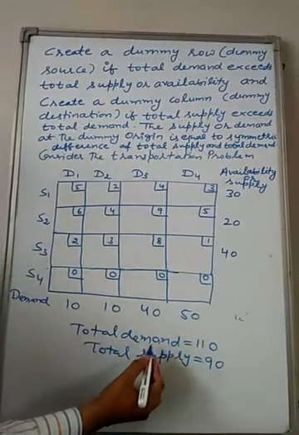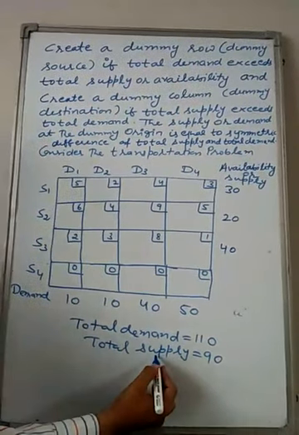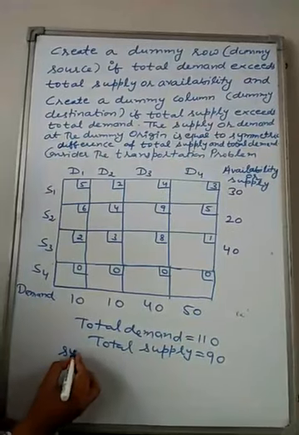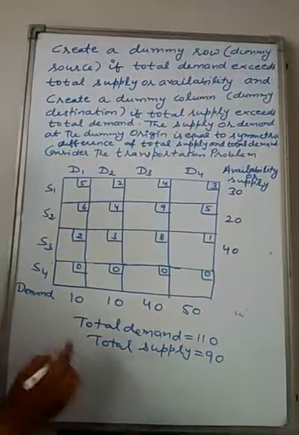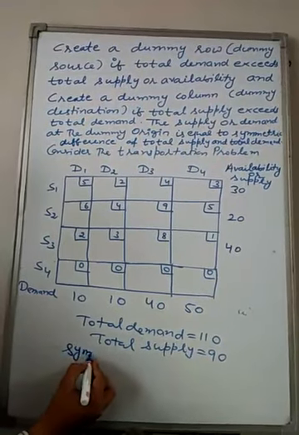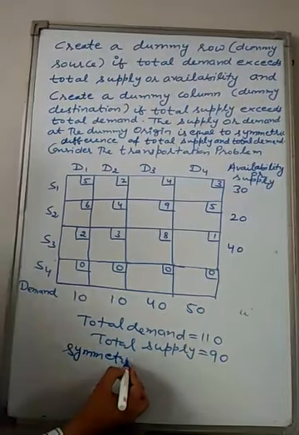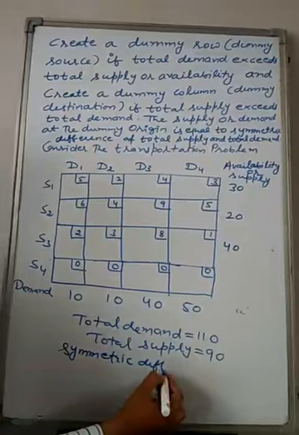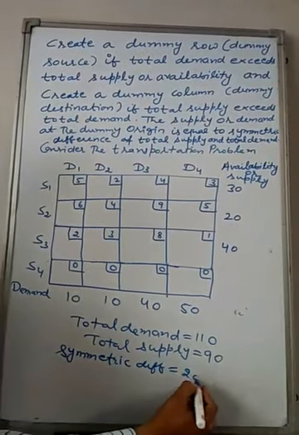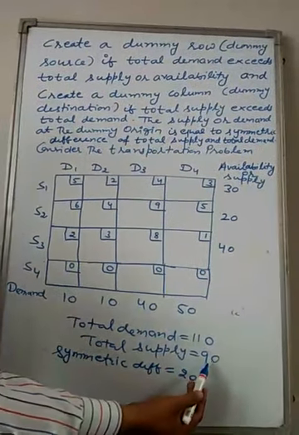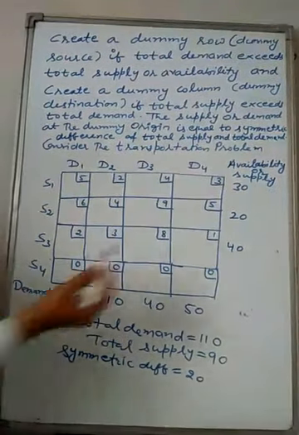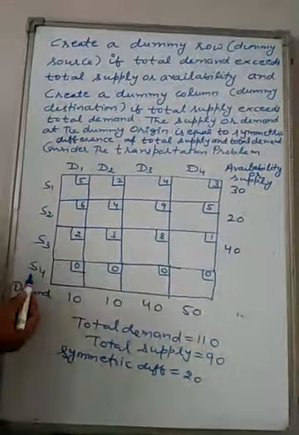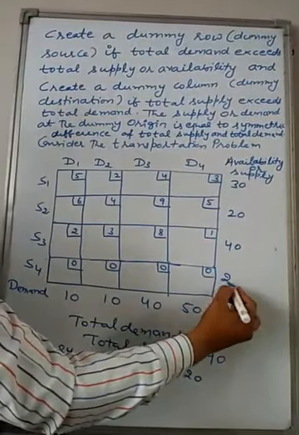The difference is 110 minus 90, which is 20. Therefore, the availability at this dummy source is 20.